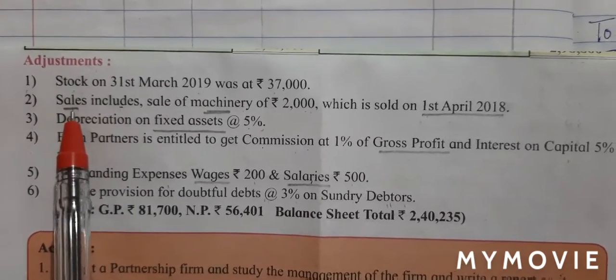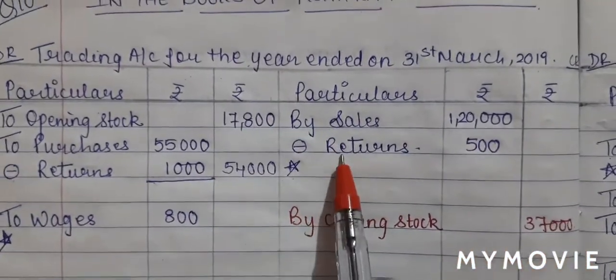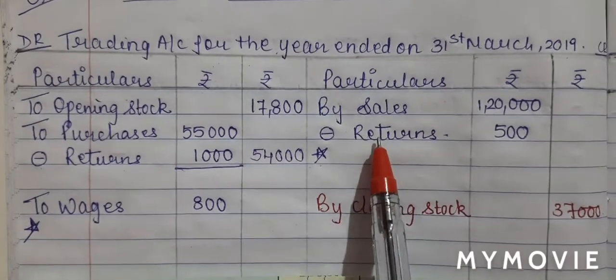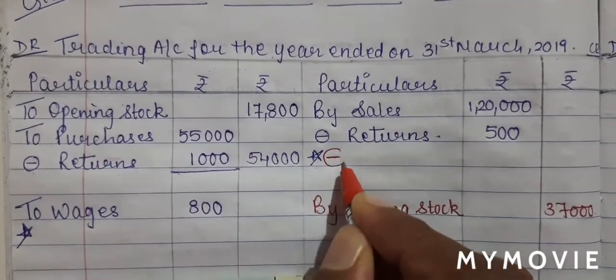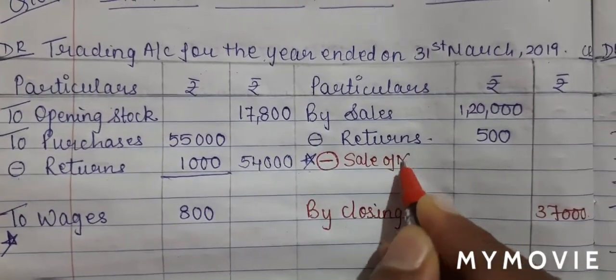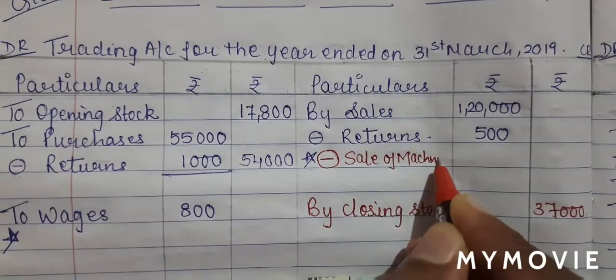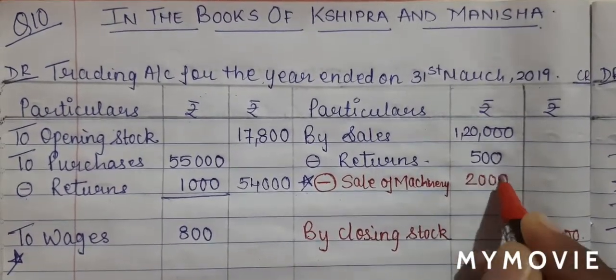So let us do the first effect. So trading account, on my credit side, by mistake I included the sale of machinery, so I will exclude. Exclude is minus, so less sale of machinery, which is rupees 2,000. This is my first effect.